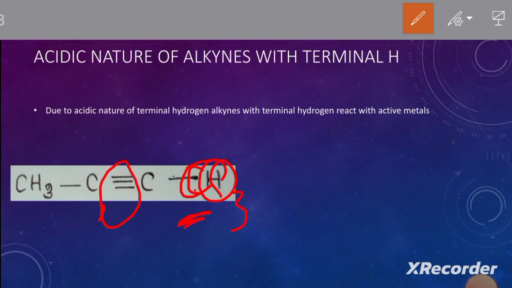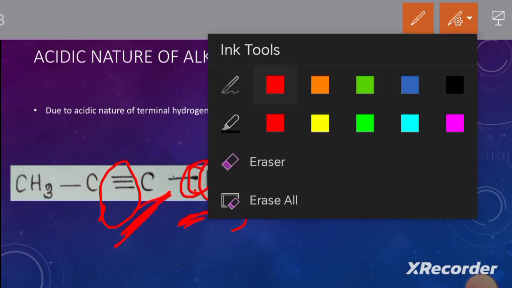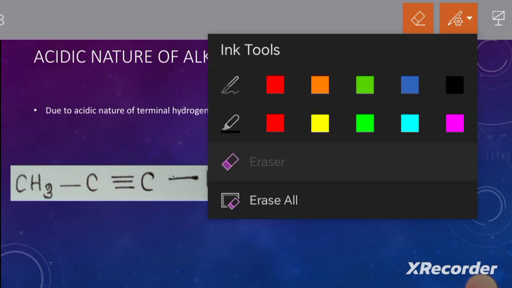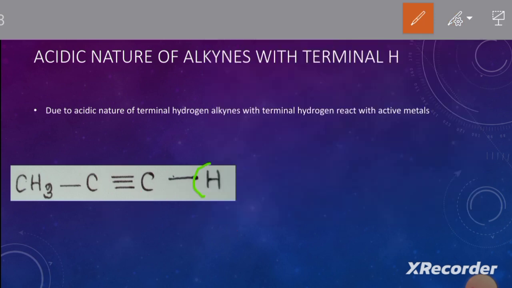The carbon which is directly attached to the triple bond is this one; the carbon which we imagine here is attached by a single bond, but this carbon is attached to a triple bond.